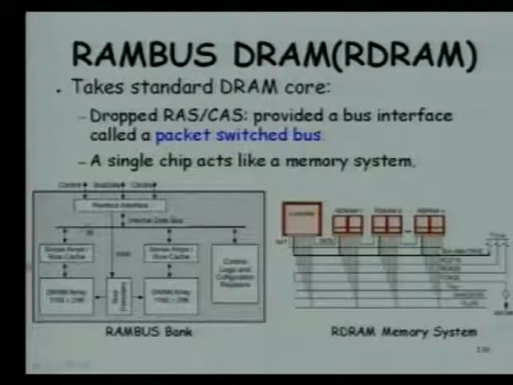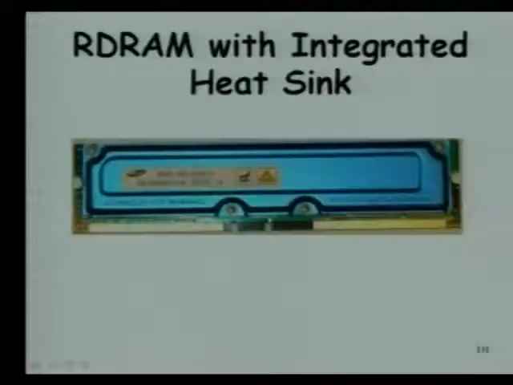The memory module itself can have multiple outstanding requests, right, and as a result the control logic and configuration registers are sophisticated, and it appeared at one time that this would be the next thing in memory, but we saw that it has some disadvantages: higher cost, higher heat dissipation. You can identify an RDRAM DIMM, or a RIMM as it is called, by looking at a heat sink mounted on the DIMM.